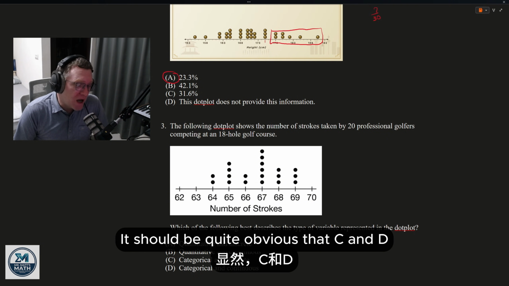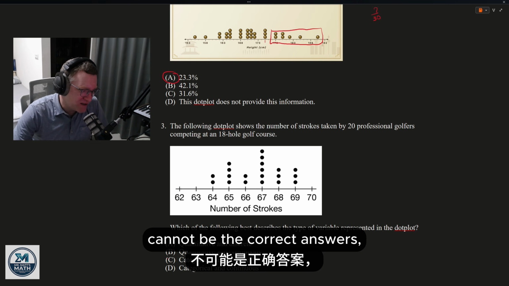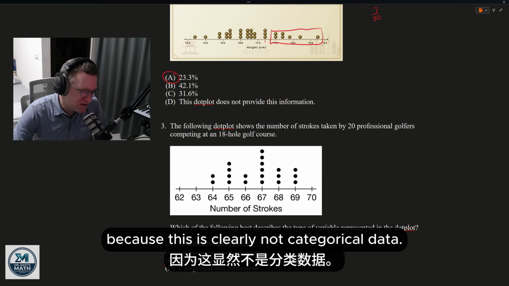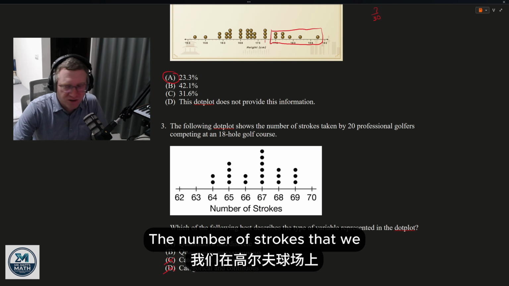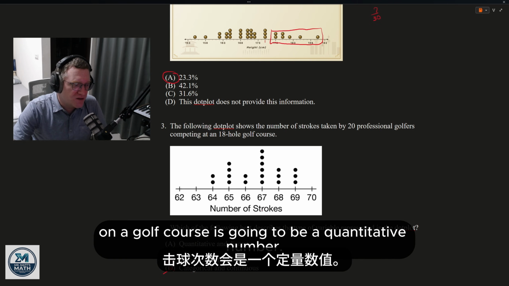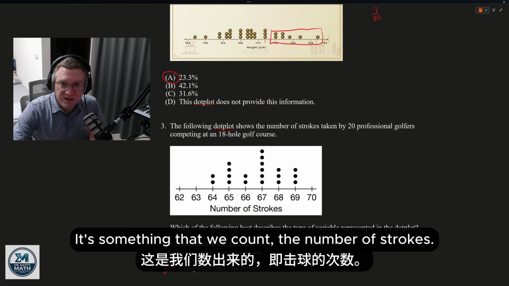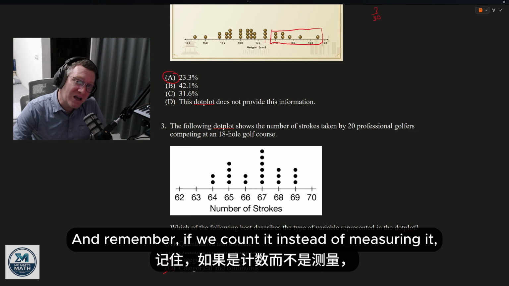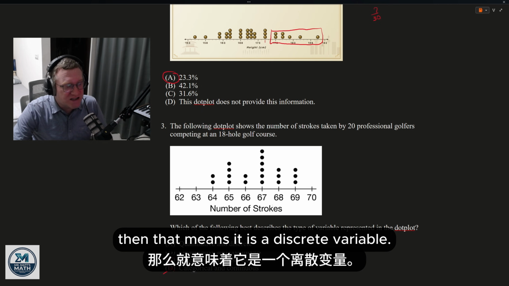Well, it should be quite obvious that C and D cannot be the correct answers, because this is clearly not categorical data. The number of strokes that we shoot on a golf course is going to be a quantitative number. It's something that we count, the number of strokes. And remember, if we count it instead of measuring it, then that means it is a discrete variable.